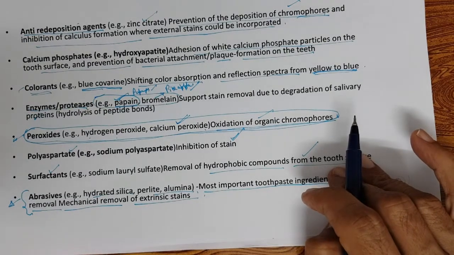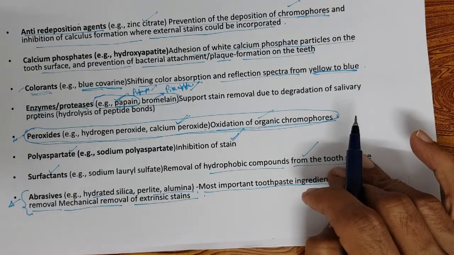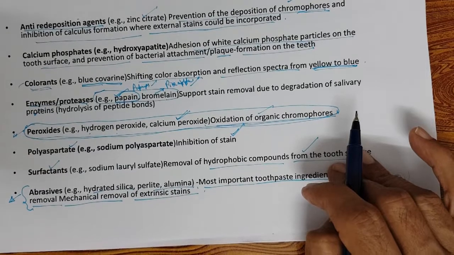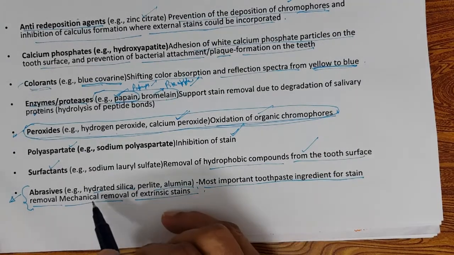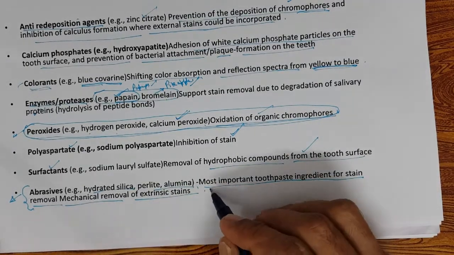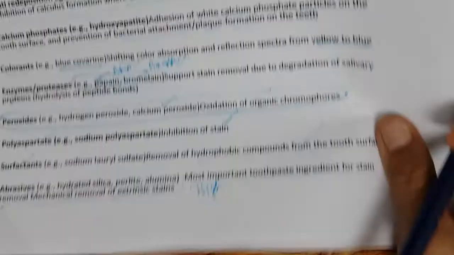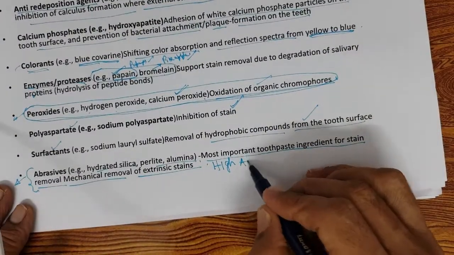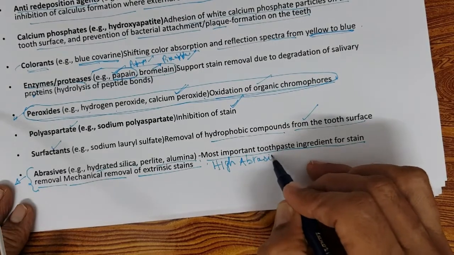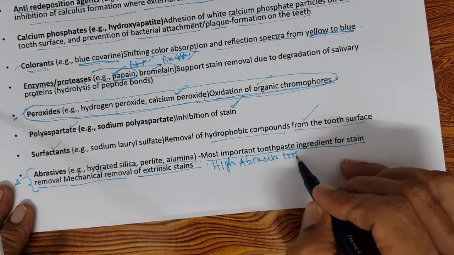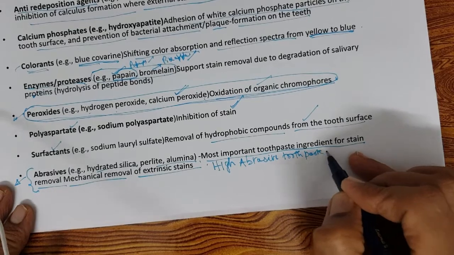Generally the toothpaste for tartar removal, or for stain removal, are all high abrasive toothpaste, okay? What is this?